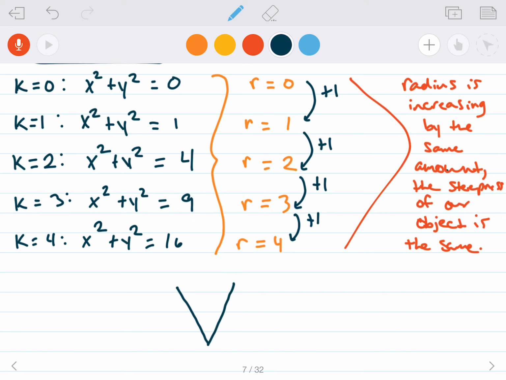So we have this object like this. And each of these little contour diagrams corresponds to a level: this point right here is just k equals 0. This guy right here could be k equals 1, k equals 2, and so forth.